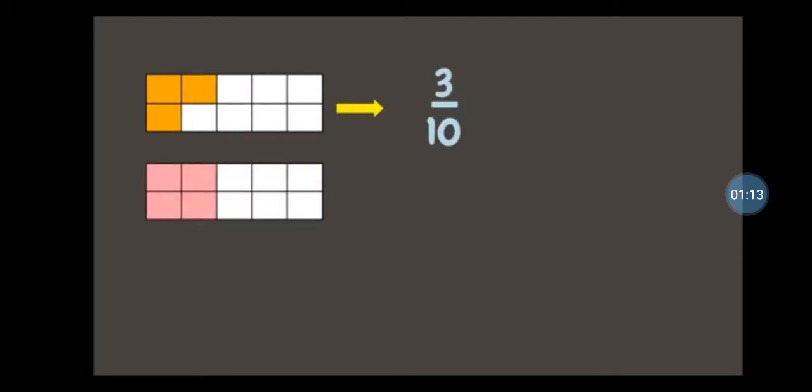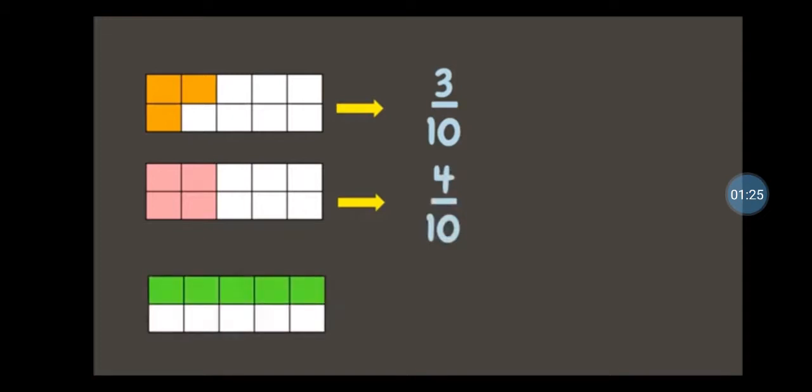Yes. So in this picture, we have three colored parts out of 10 equal parts, and in form of fraction, it is 3/10. In the next picture, we have four colored parts out of 10 equal parts, and in the fraction form, it is 4/10. In the final picture, we have 5 colored parts out of 10 parts, and in the fraction form, it is 5/10.